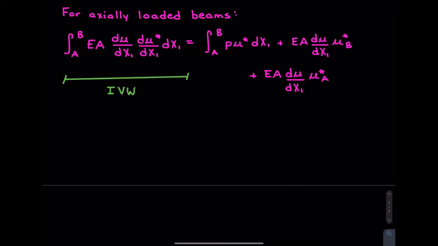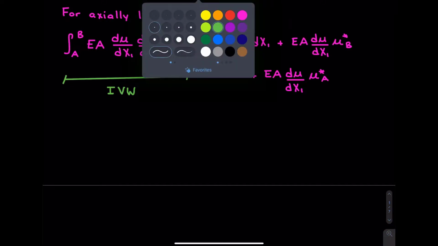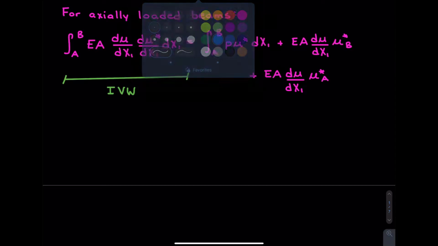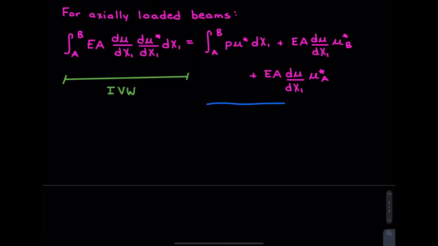So this is the internal work of an axially loaded beam. And we had a second term, which I'll switch over to blue here, and this term is the external virtual work. Again, this form is the form you would see in a textbook. So we're going to take what we know from the theory and apply it to our very specific case.